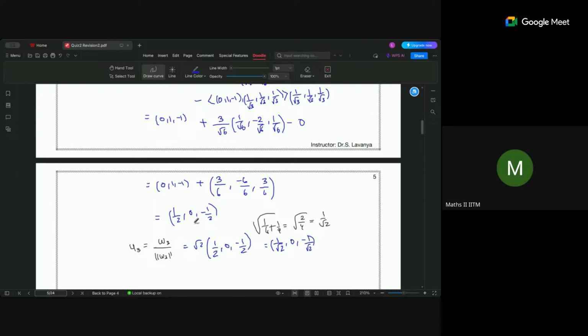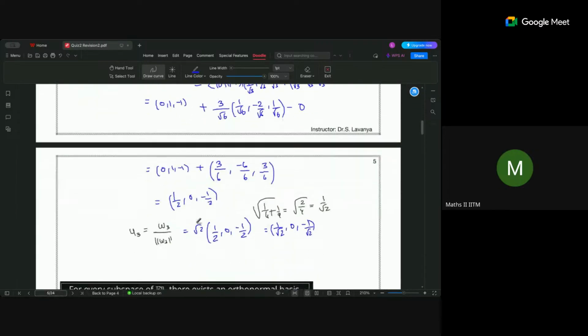So first let us compare your U1 with U3. So what was your U1 if you remember? Can you tell me? So U1 was 1 by root 3, 1 comma 1 comma 1. So if you multiply it with this, what will you get? What is inner product of U1, U3? Quickly.